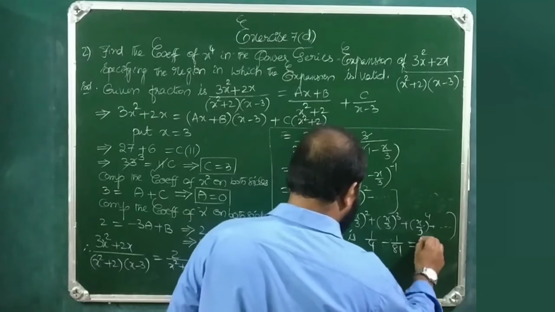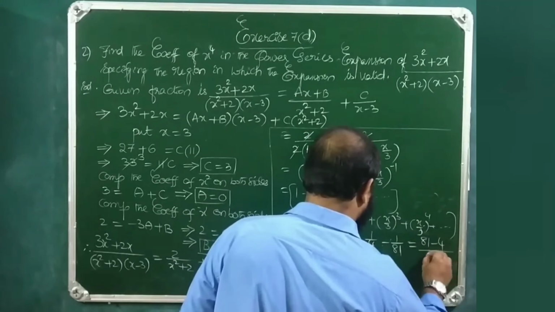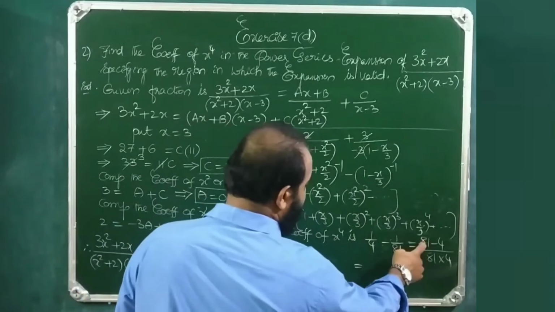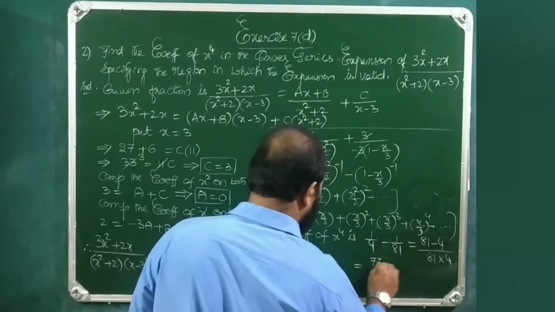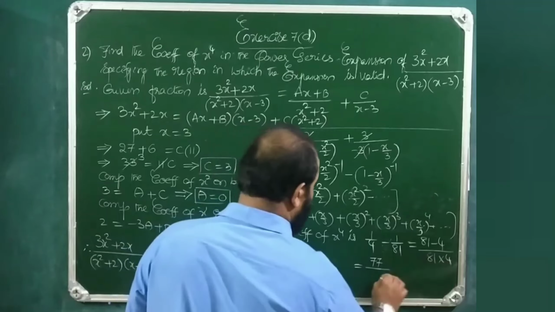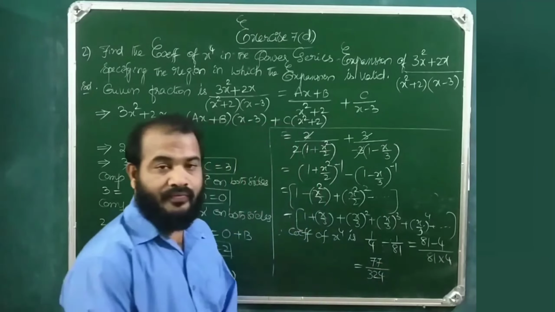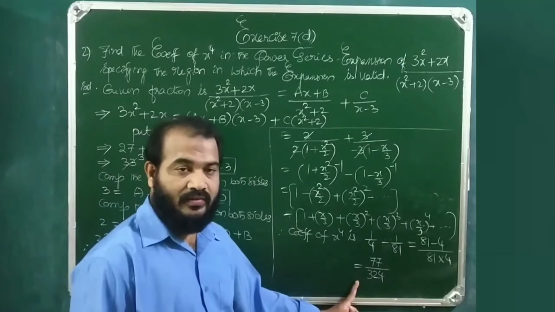This is equal to 81 minus 4 by 81 into 4. This is equal to 81 minus 4 is 77 by 81 fours. 4 ones are 4, 4 eights are 32. So this is the answer.